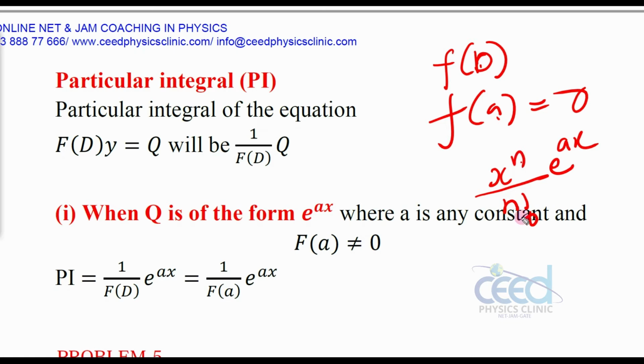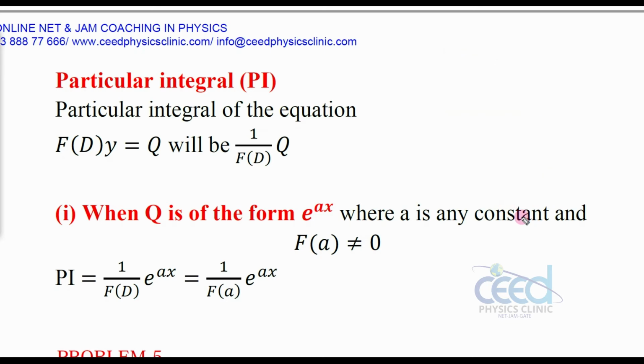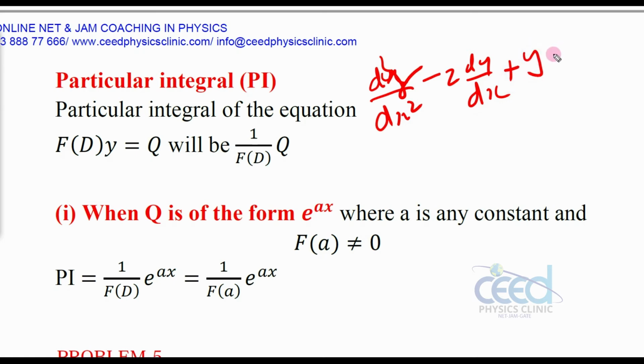For example, I can give you a question. Suppose you are solving d square y by dx square minus 2 dy by dx plus y is equal to e raised to x.